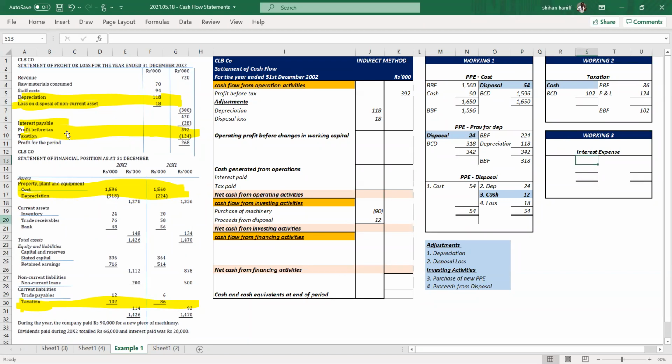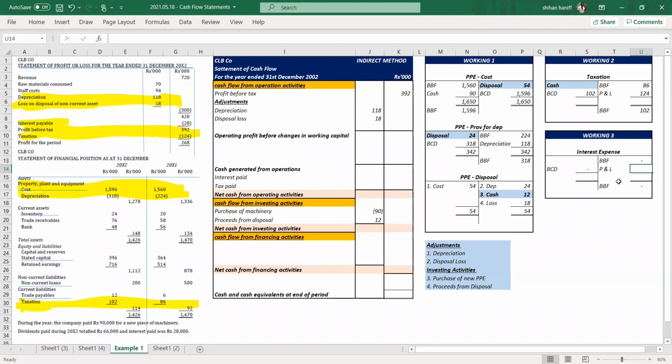Interest expense: there is no opening or closing balance. Opening balance is 0. Closing balance is also 0. Profit and loss, how much?